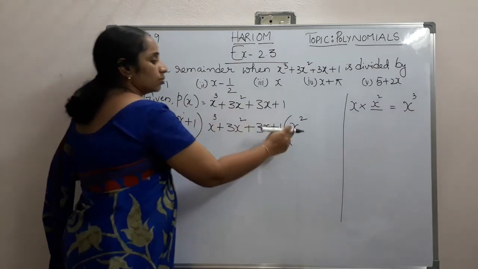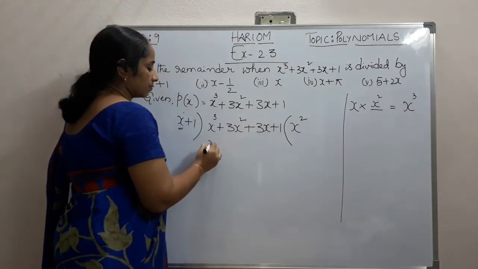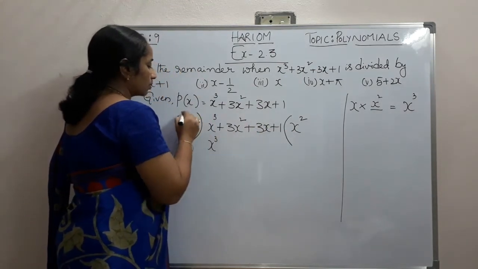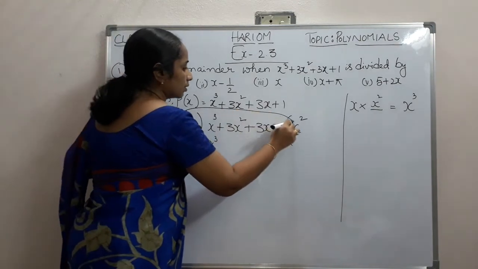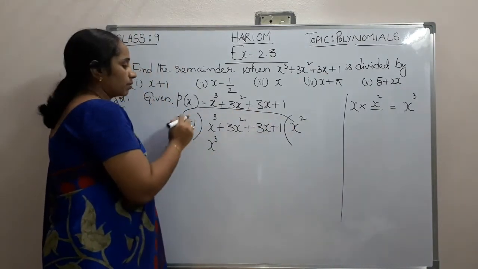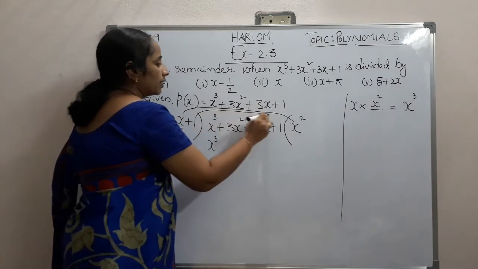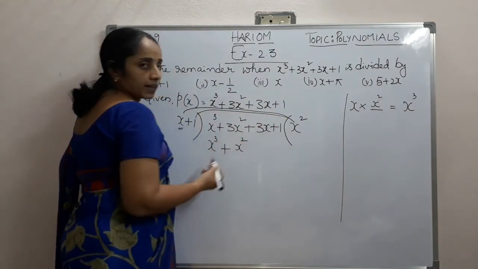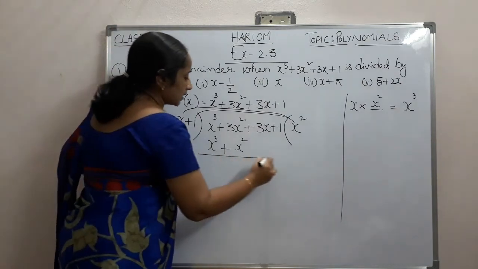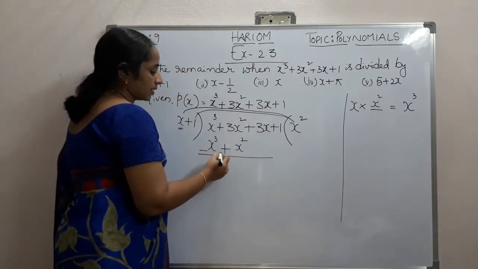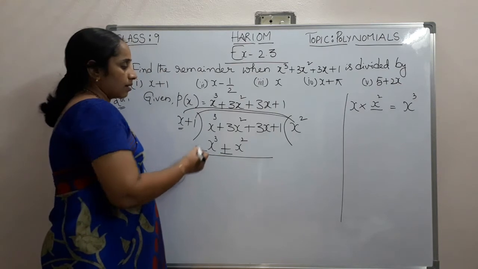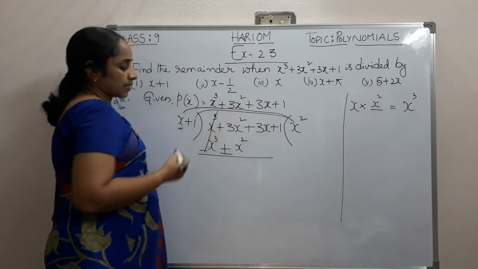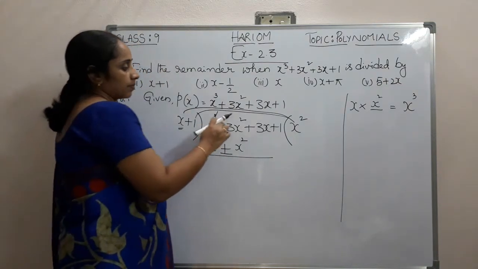x into x square is x cube. Again 1 into x square is x square. Now by subtraction, change signs: x cube minus x cube gets cancelled.